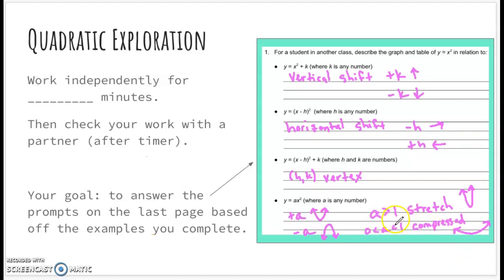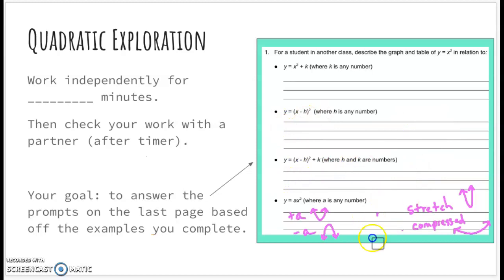As your a value gets closer to 0, you get compressed more and more. So those are our big takeaways from this quadratic exploration. I'm going to tab you through so that you can see the different values in case you're just loving this quadratics unit and you want to do some of that investigation on your own.